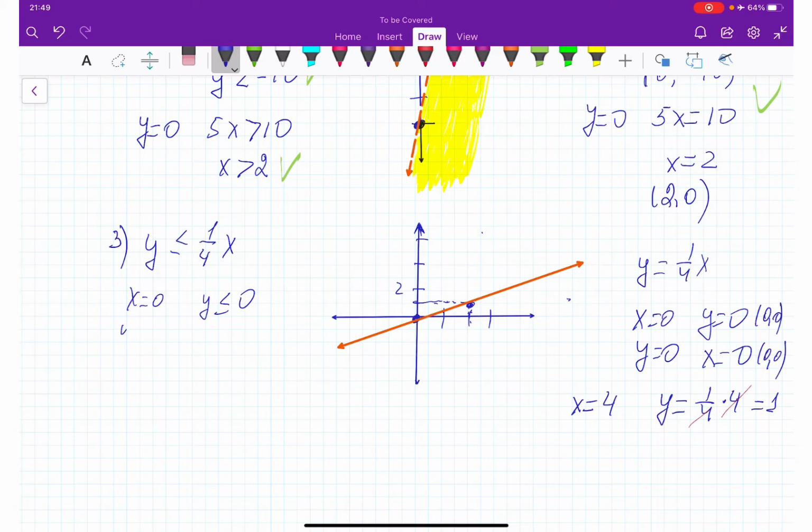When y is equal to 0, we get 0 is less than 1/4 of x, which means 1/4 of x is greater than 0, which means x is greater than 0. Okay, we got y is less than 0, which is coming this way.